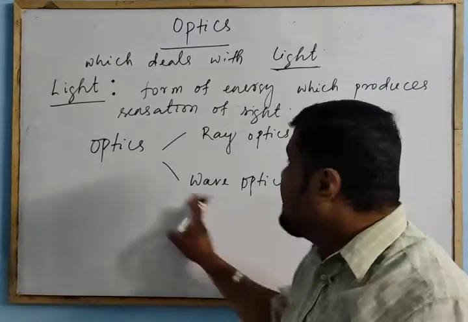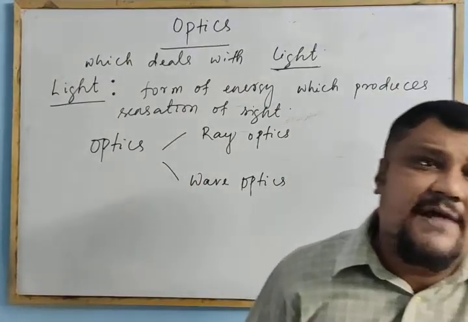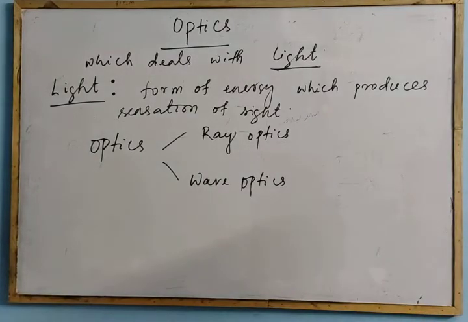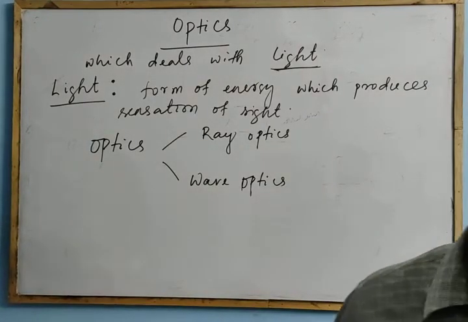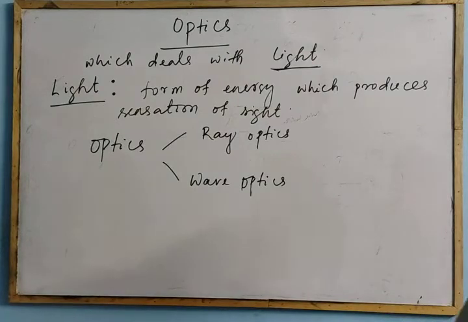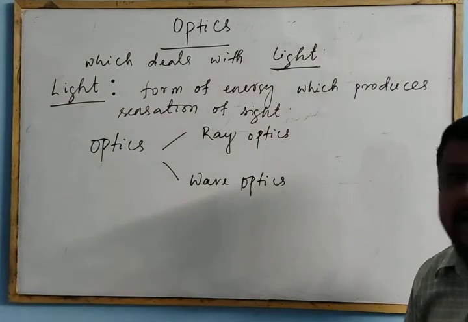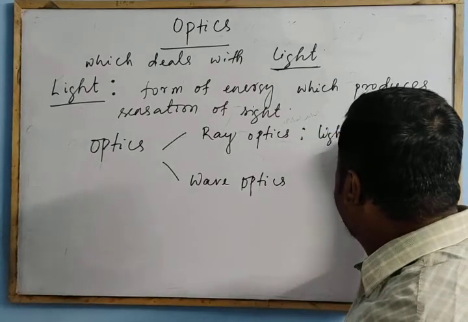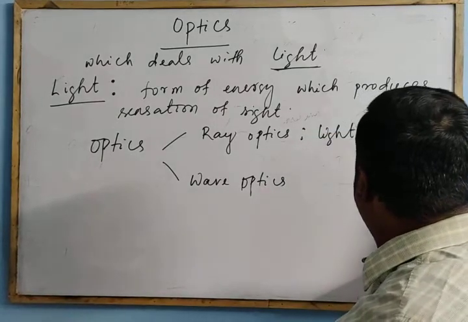Then we can explain these phenomena in wave optics. So ray optics is the branch of optics which analyses different optical phenomena by considering light as a ray.